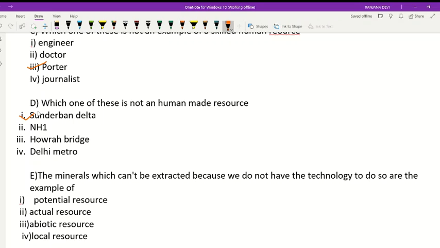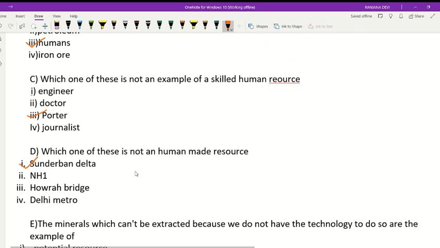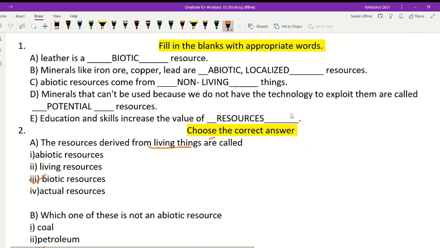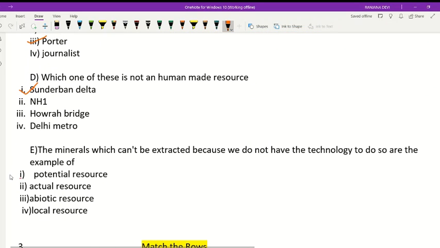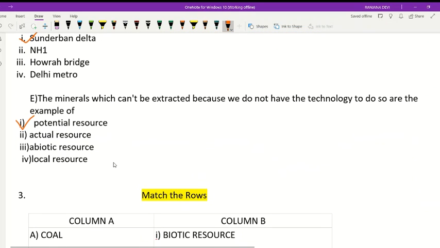So it is a natural resource and not a human-made resource. Next, question number E. The minerals which can't be extracted because we do not have the technology to do so are examples of, as I told you, potential resources. So the same answer would be here also, option 1, potential resources.